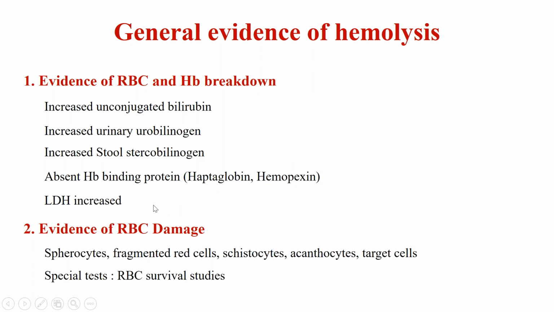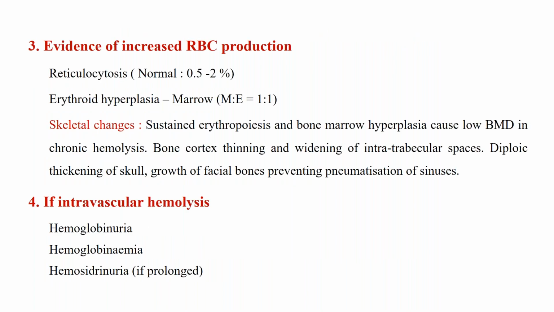Then evidence of RBC damage because of the defects in the membranes, which we get through the peripheral smear in the form of spherocytes, cystocytes, target cells, and we can do RBC survival studies also. The RBC survival studies help us to tell the duration of RBC survival, that is, at what time they are getting destroyed in the body.